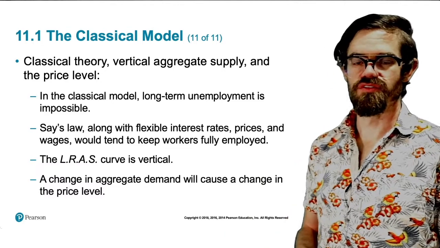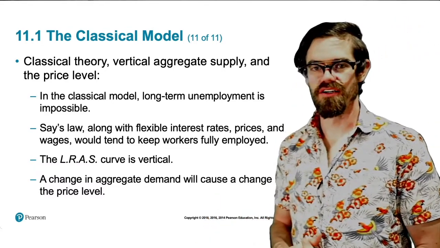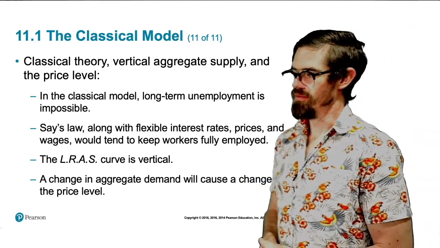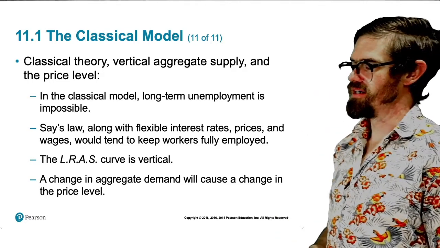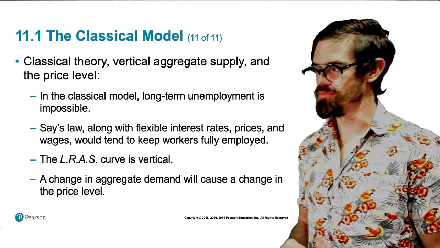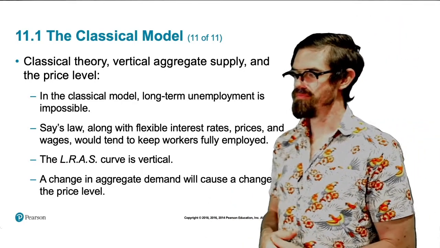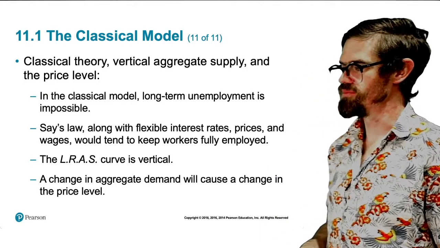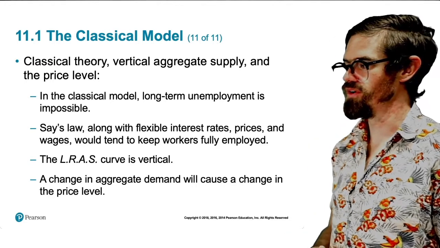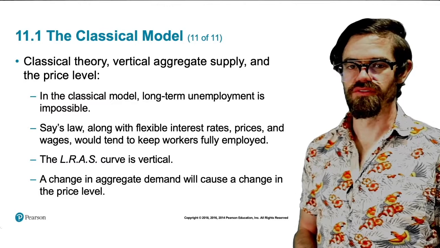Because of everything we've talked about, it turns out that the aggregate supply curve in the classical model is vertical, and in the classical model, long-term unemployment is impossible. Say's law, along with flexible interest rates, prices, and wages, should tend to keep people fully employed, which is why the long-run aggregate supply curve is vertical.